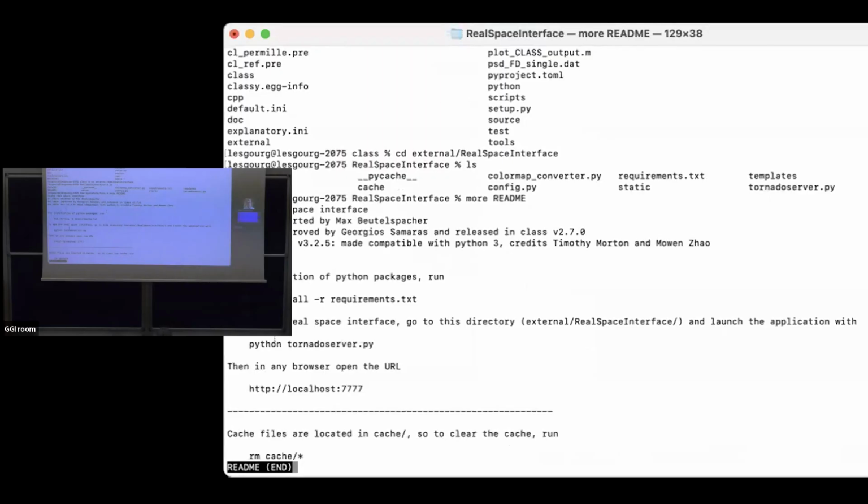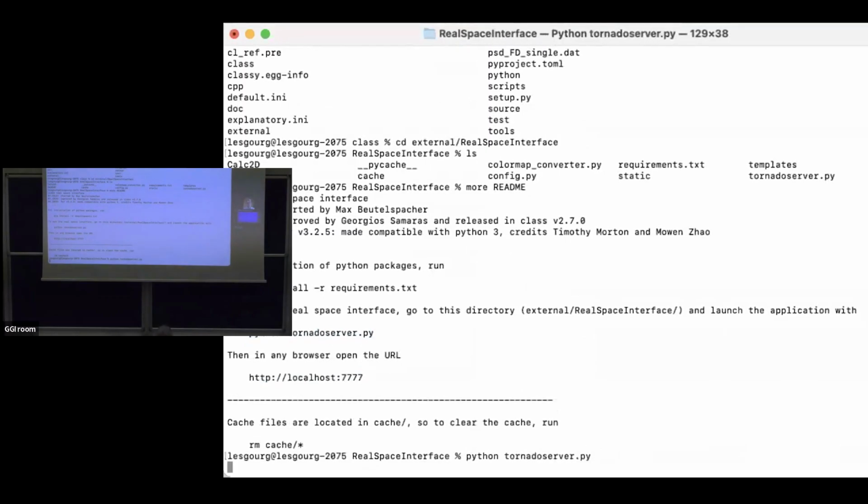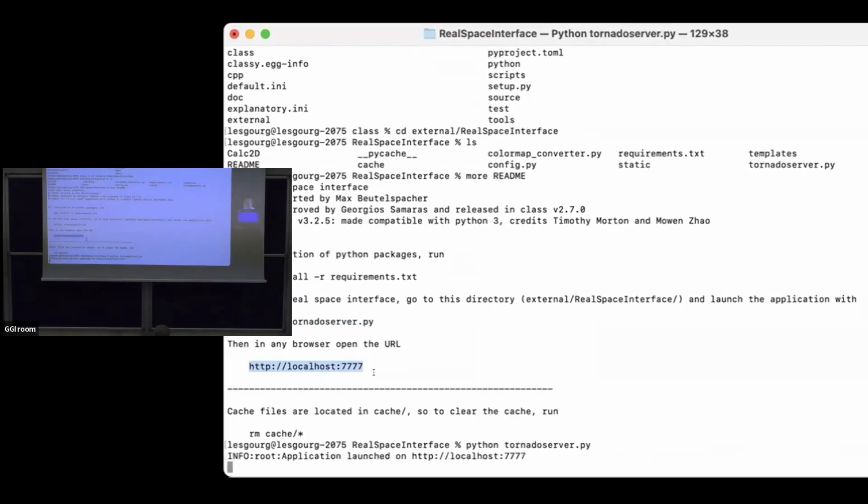Probably on my computer, it's okay. Then I need to run a Tornado server and to paste this address into my browser. So I will do exactly this. I launch this Tornado server, which will make my browser talk with CLASS. And then I will paste this address in my browser.